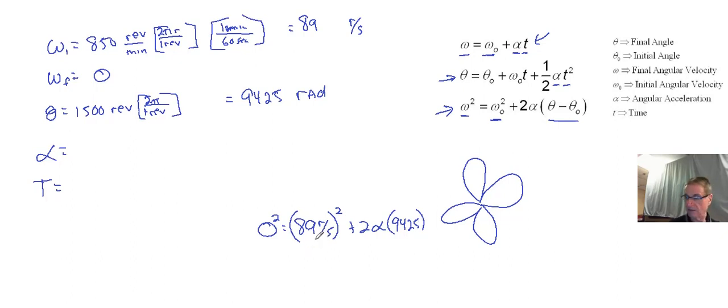So we square 89 and we get 7,921 radians squared per second squared plus, let's see here, it says 18,850 alpha is equal to 0.